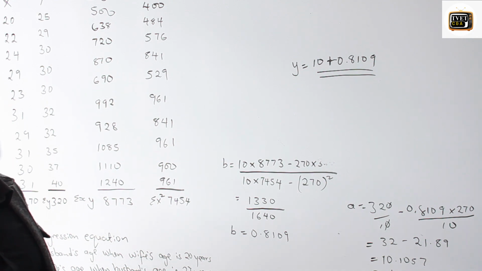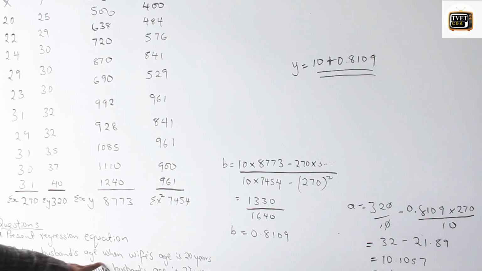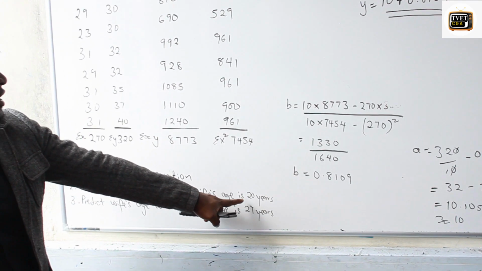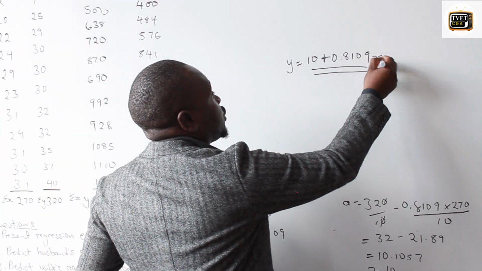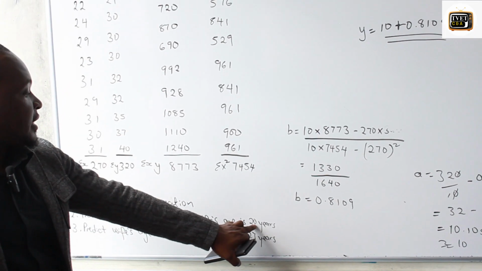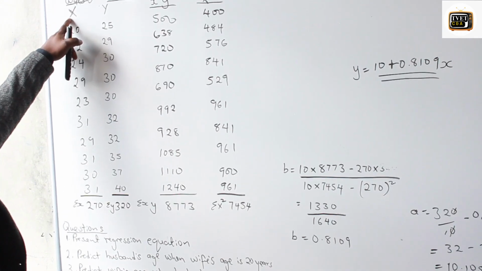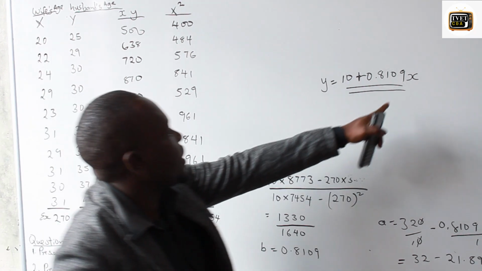Our question number B says predict the husband's age when the wife's age is 20 years. When the wife's age is 20 years, you should know that the x variable represented the wife's age. You just substitute x with 20.